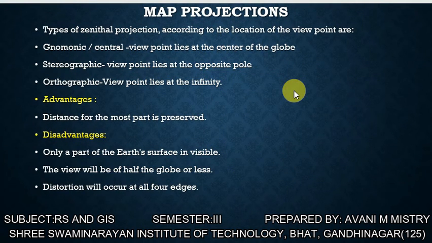Types of zenithal projection according to the location of the viewpoint are gnomonic, where the viewpoint lies at the center of the globe; stereographic, where the viewpoint lies at the opposite point on the globe; then orthographic, where the viewpoint lies at infinity.